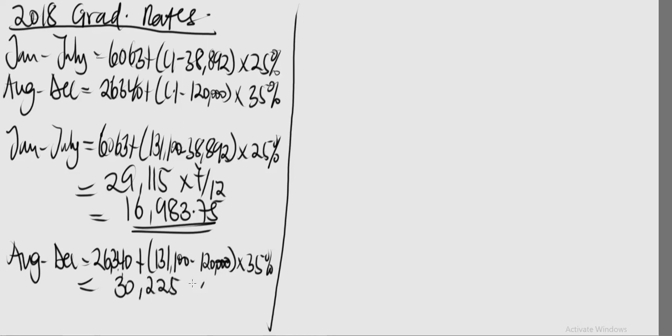30,225, but we need only 5 months of this, so we multiply by 5/12. That gives us 12,593.75.